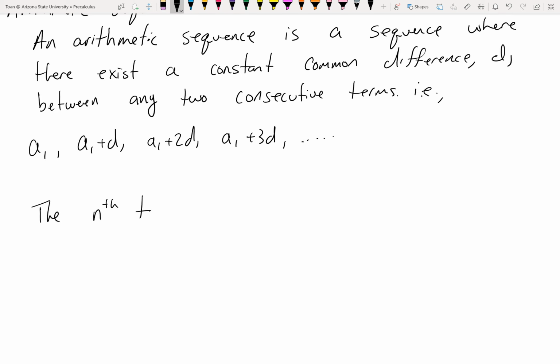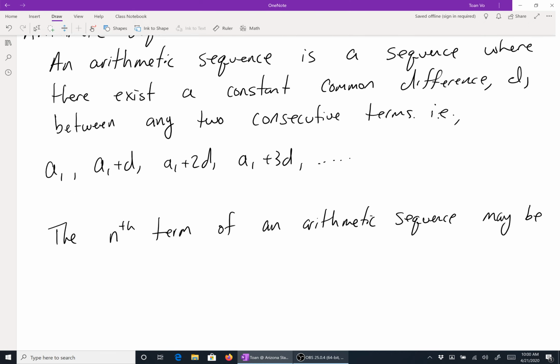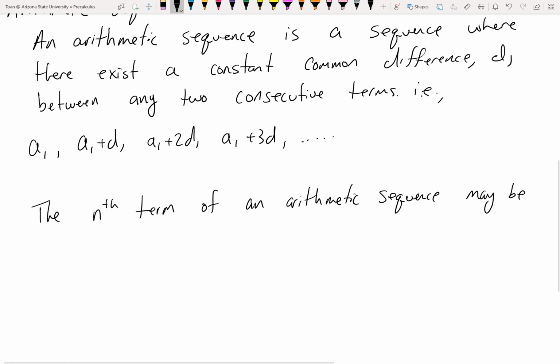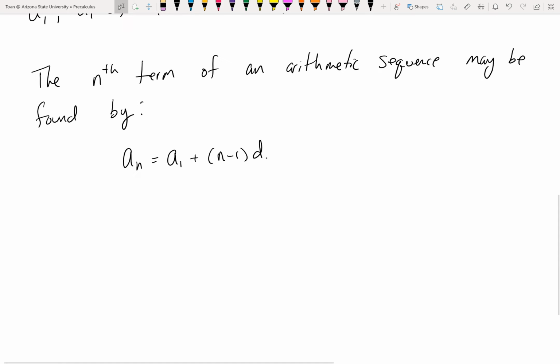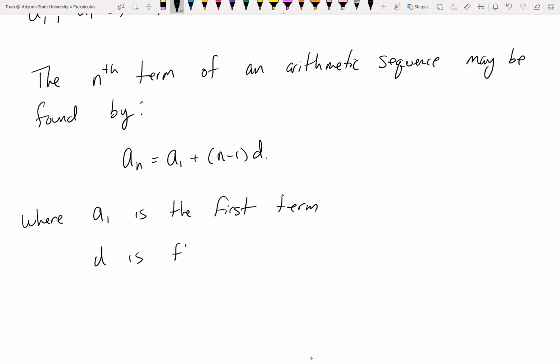The nth term of an arithmetic sequence may be found by a sub n equals a sub 1 plus n minus 1 d, where a sub 1 is the first term, d is the common difference.